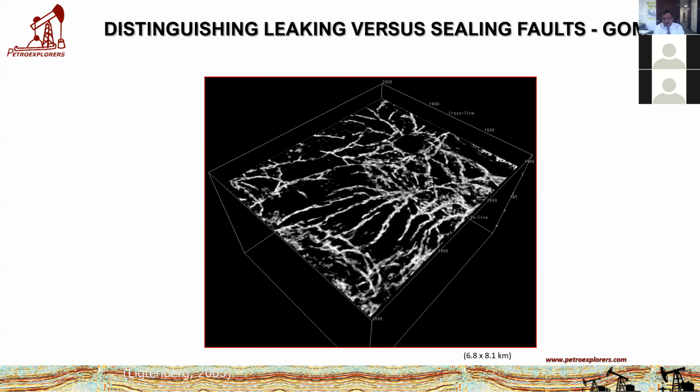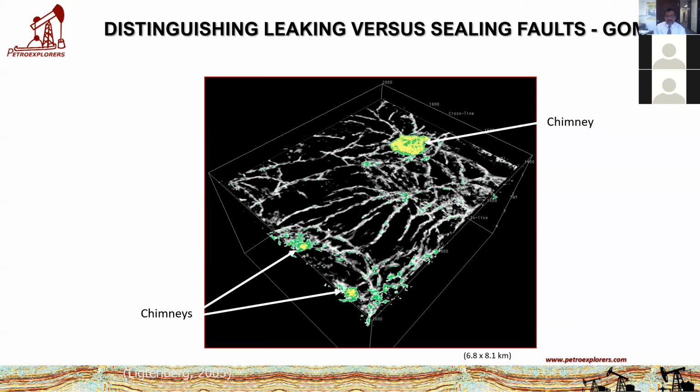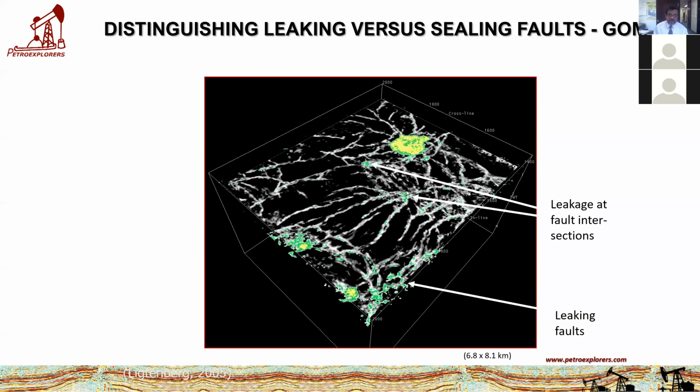A very good example, which we have worked with before with Anadarko and others, is the full analysis of the Gulf of Mexico. Some of the chimneys are very prominent, and you can see the leakages on the fault interval, which means it would increase the risk of finding the reservoir there, while some of the sealing faults will not have a chimney associated, which will be cleaner faults versus the chimney associated faults.